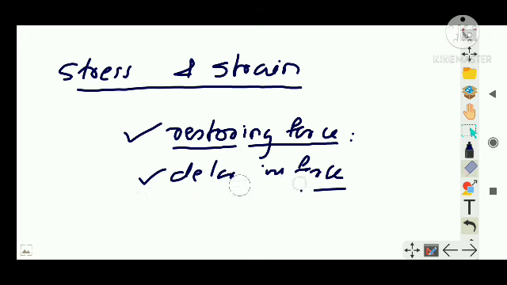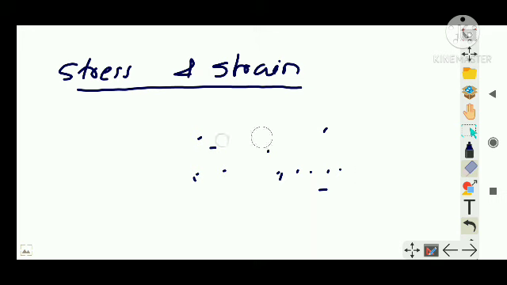This much clear? Right. So when a body is faced with a deforming force, the restoring force is usually equal in magnitude but opposite in direction to the deforming force, right? This restoring force per unit area is called stress, right? That is a technical term. I will tell you how to understand it by common sense. So what is restoring force per unit area? That is called stress.